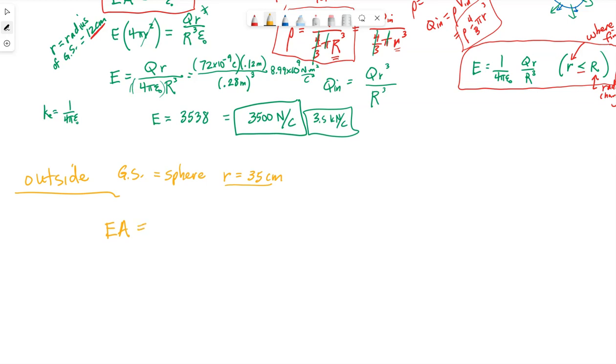The flux can also be written as Q within the sphere inside over epsilon naught. So E is what we're looking for. We want to know the strength of this electric field as it passes through the surface. A is the surface area of the Gaussian surface, the sphere I drew that has a radius of 35 centimeters.